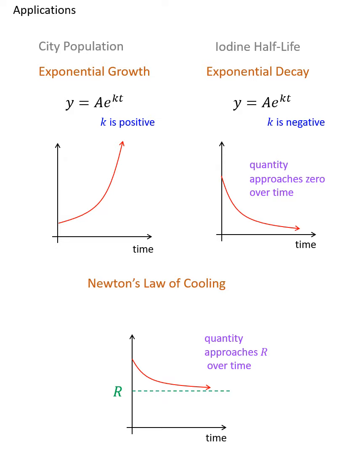And when we have behavior such as you see at the bottom of your screen, some quantity approaching a value of R instead of zero, then the formula is slightly different. It will be the R value plus the exponential decay formula. And that's the concept that we're going to be looking at as we move to this third and final problem on Newton's law of cooling.